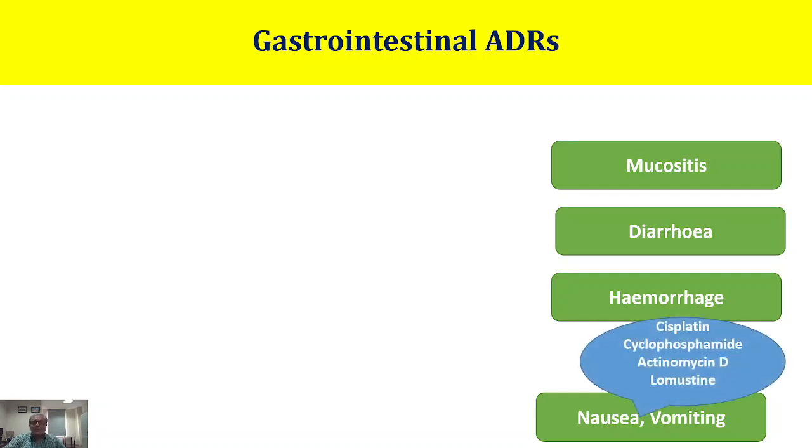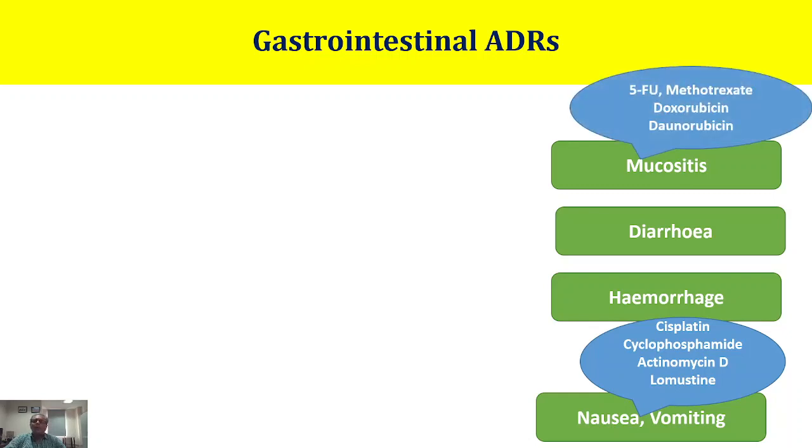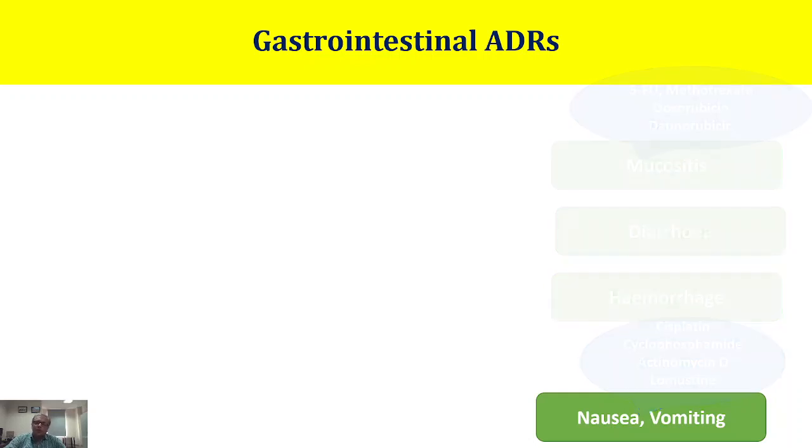And cisplatin, cyclophosphamide, actinomycin, lomustine, these are very common agents responsible for a very high degree of vomiting. Okay, while mucositis is common with 5-fluorouracil, methotrexate, doxorubicin and daunorubicin.